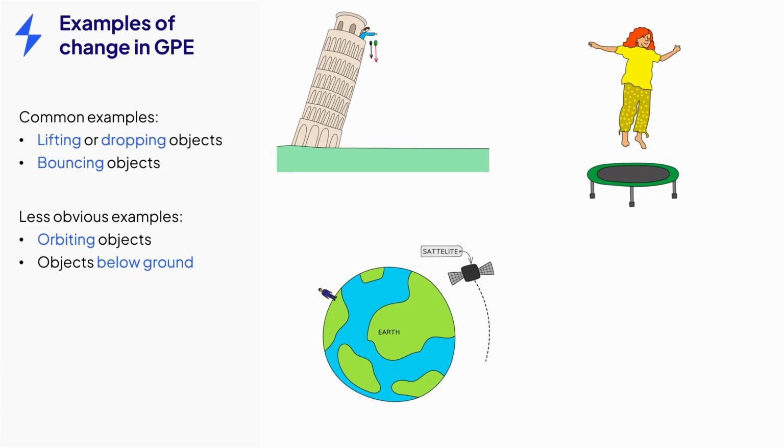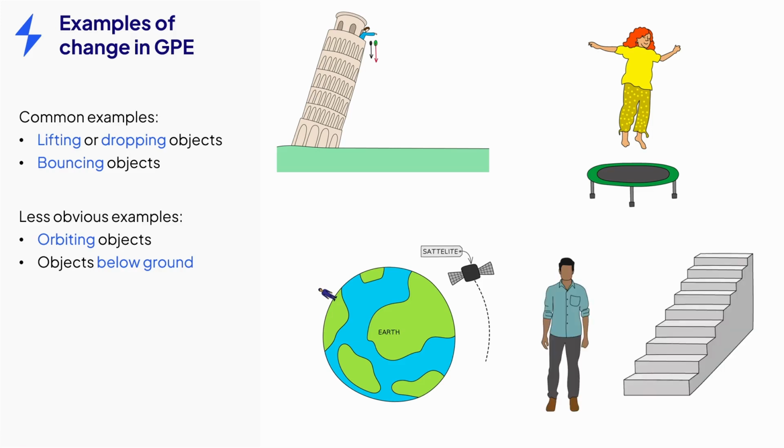For example, if you visit a tube station or underground car park and take the stairs to the ground level, you would be transferring energy into your gravitational potential store. That's why it's important to define the gravitational potential energy store as an object being raised through a gravitational field rather than being raised above ground level.